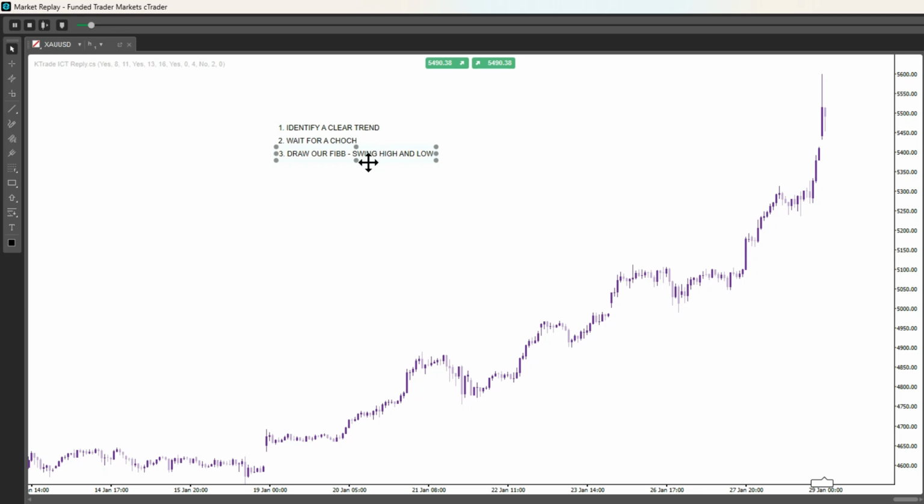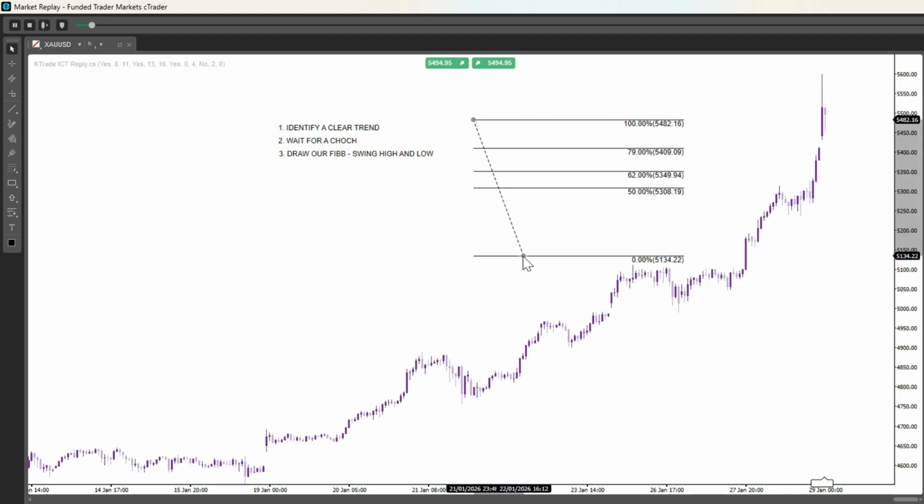Now, after the change of character, we've drawn our swing high and low. All we're waiting for is for the price to get to the discount zone. Ideally, we want the price to get to the OTE level, the optimal trade entry. So this is the fib that I use, the settings that I use.